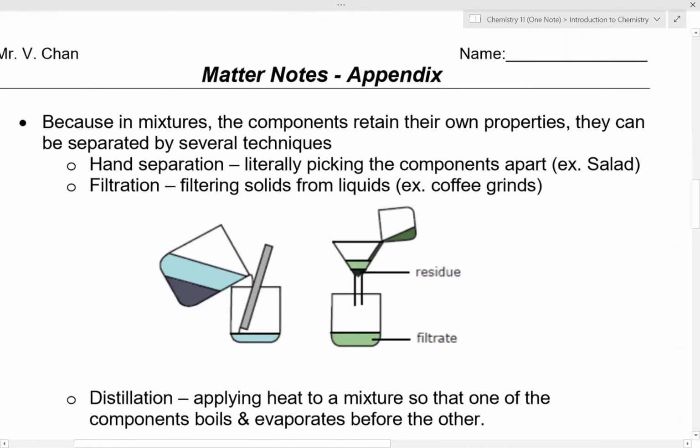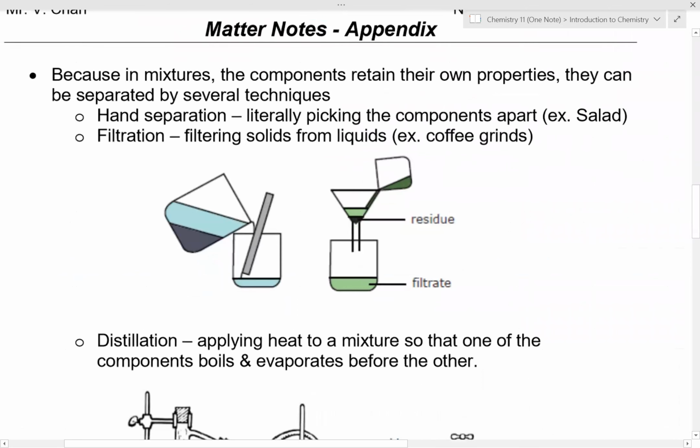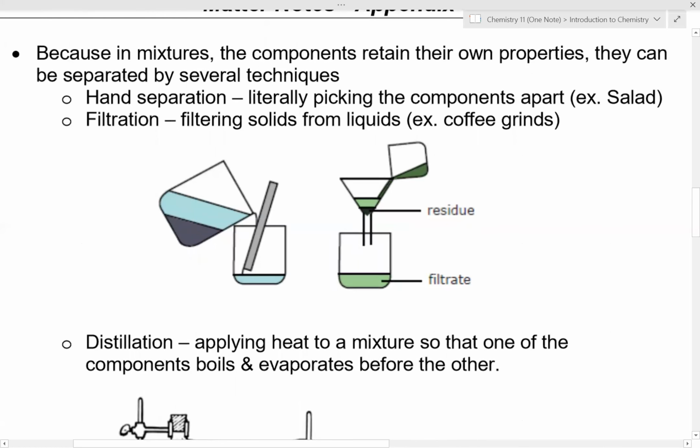Now, because mixtures retain or keep their own characteristics, they can be separated by several techniques. One is hand separation, literally picking the components apart. The other one is filtration, where you filter solids from liquids, like your coffee grinds. The reason why filtration works is that the coffee solids retain their own characteristics, and the water retains its own characteristics.